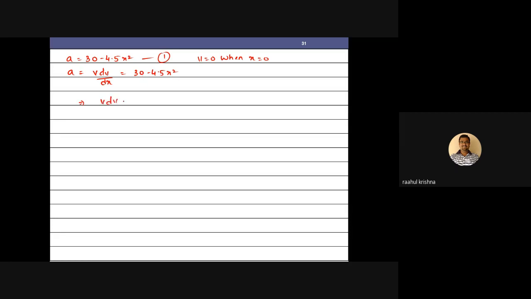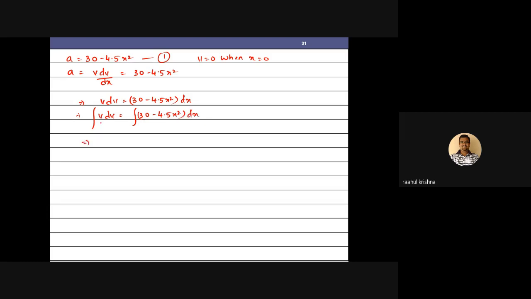So I have v dv equal to 30 minus 4.5 x square into dx. So integral v dv equals integral 30 minus 4.5 x square dx.